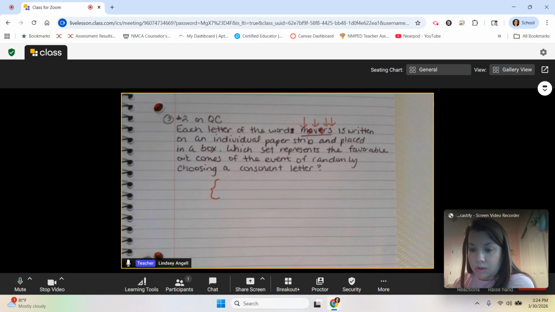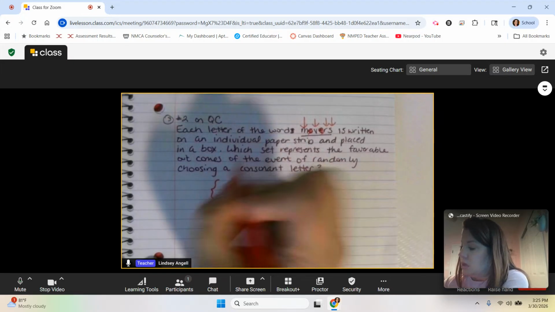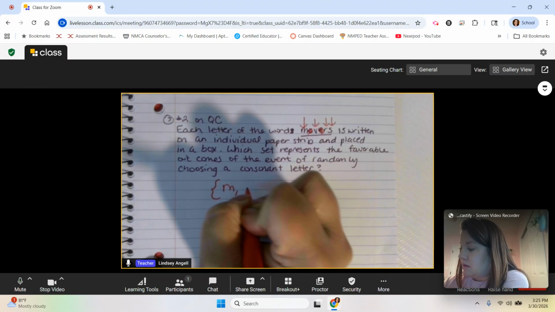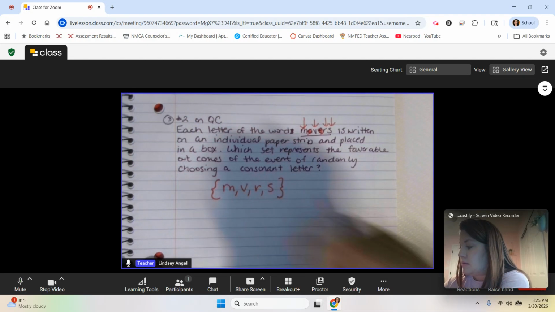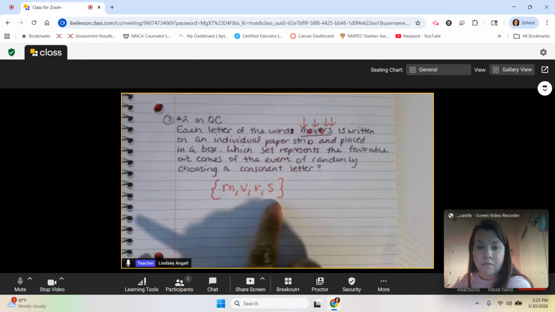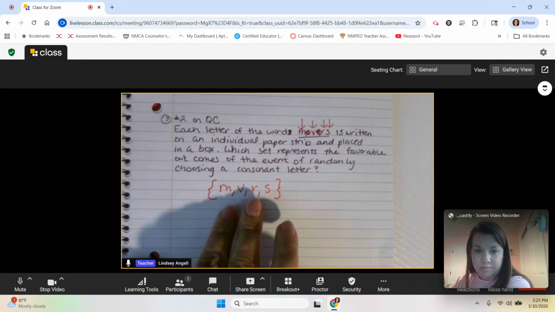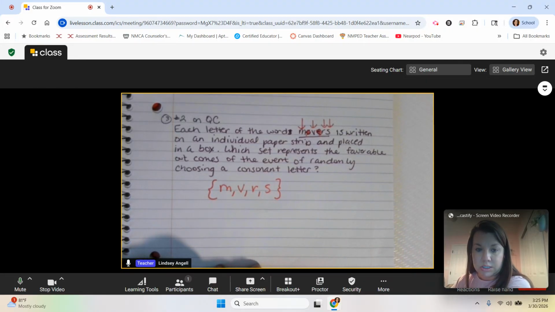Favorable meaning the ones that we actually want. That would be M, V, R, S. All right, and that's what you're looking for in your options for your answers, the one that looks like that. So those are the favorable outcomes.